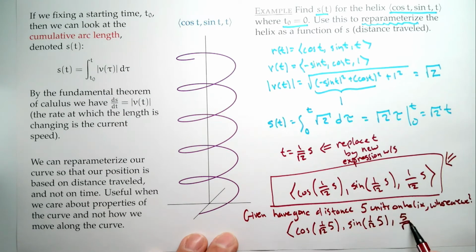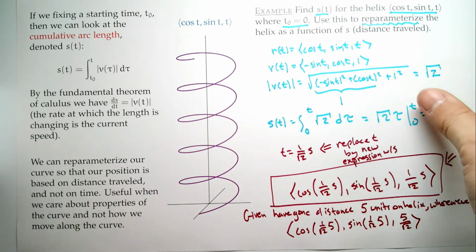But that's the answer. So this is the kind of question that you might see that involves the cumulative arc length function. It says, I've gone so many units. Where am I? Well, if you have the cumulative arc length function, you can answer that question. Essentially what's happening is you say, okay, I've gone so many units. What time does it take for me to get to that? All right, now that I know that time, let me figure it out.